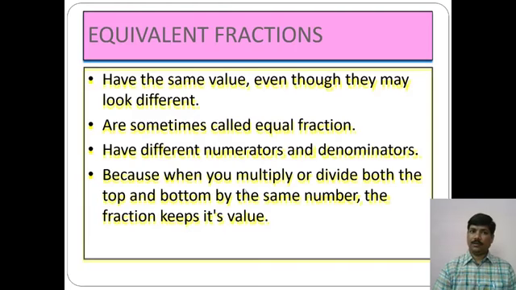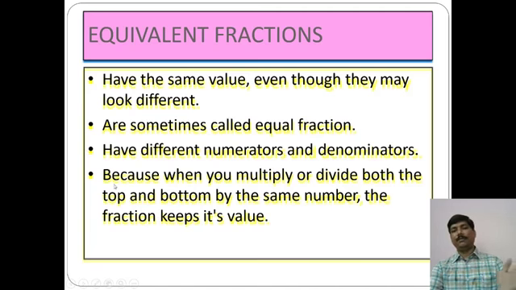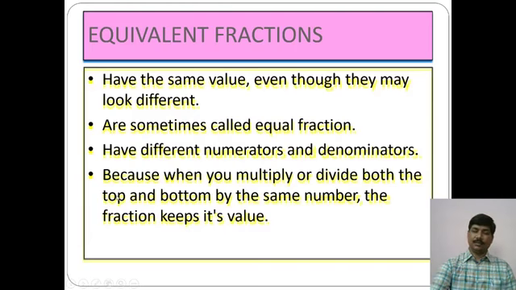Because when you multiply or divide both the top and bottom by the same number, the fraction keeps its value. When we multiply or divide a numerator and denominator by the same value, there will be no change in the fraction.